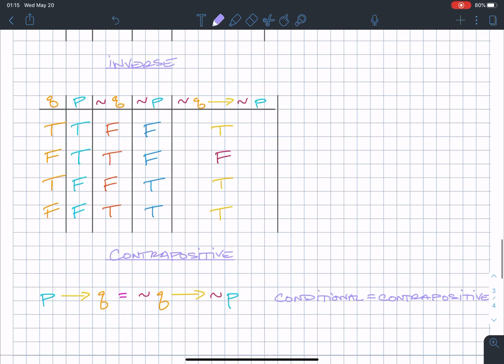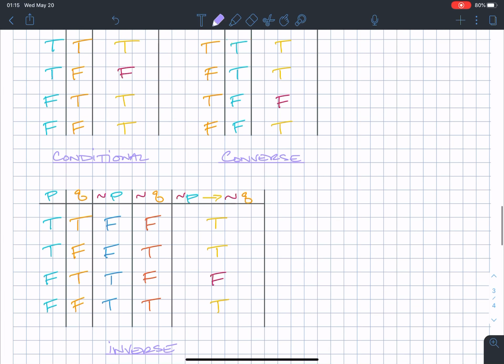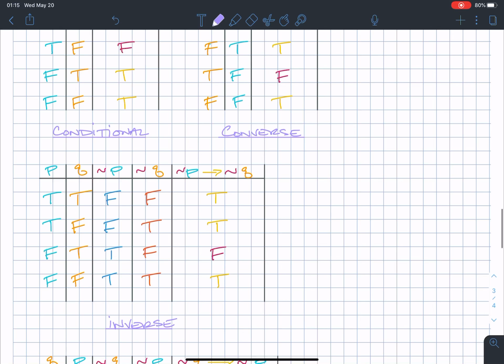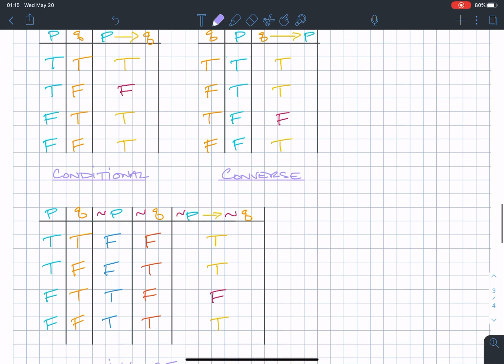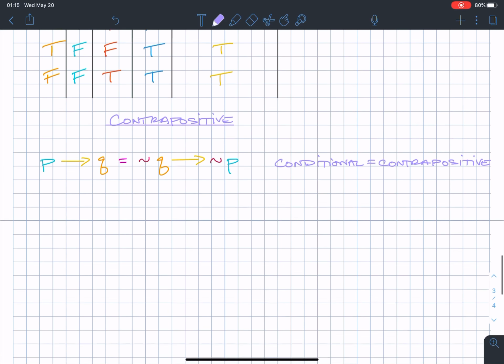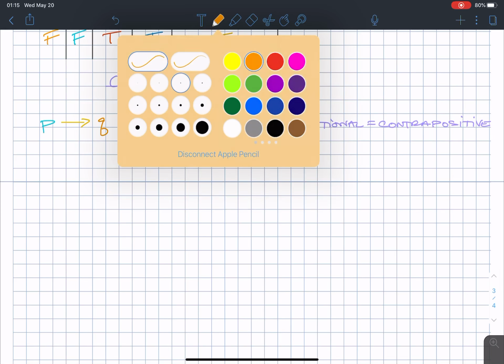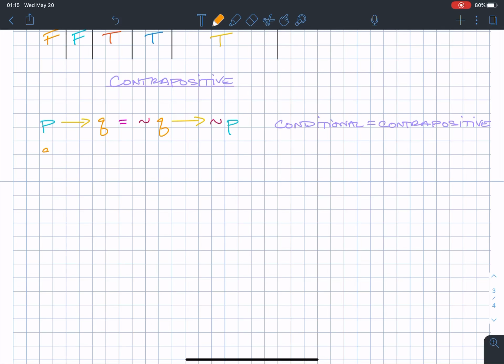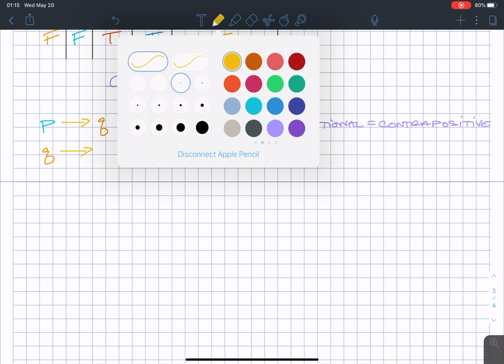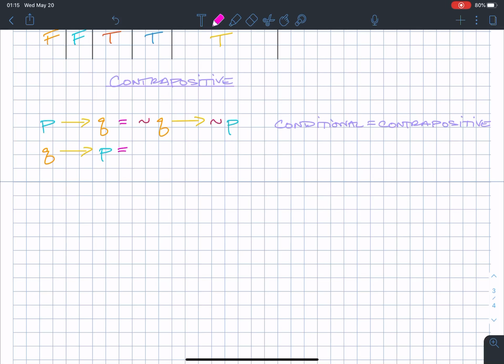Do I have the same relationship between the other two? It looks like the other two, the converse and the inverse, both have false in the third place. So it turns out that the converse, Q implies P, is the same as the inverse, not P implies not Q. If I swap the variables, it should be obvious that these are exactly the same.